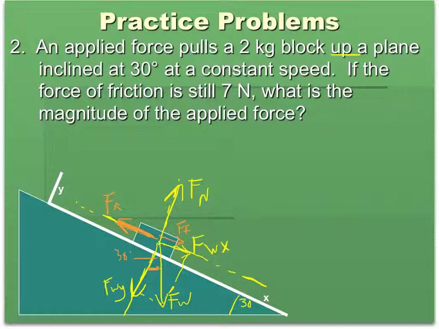Another key to this problem is seeing that it's moving at a constant speed. So remember, if something is moving at a constant speed, then there's no acceleration, and so F net has to be equal to 0. And so for this problem, what that tells me is that my applied force, okay, has to be equal to both my frictional force and my Fwx when they're added together.